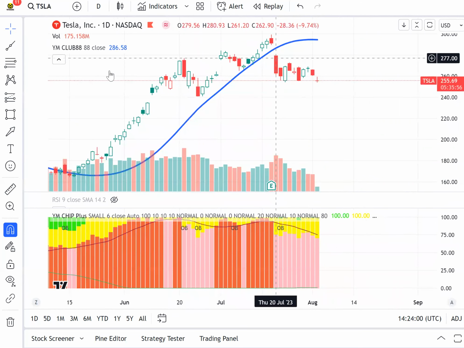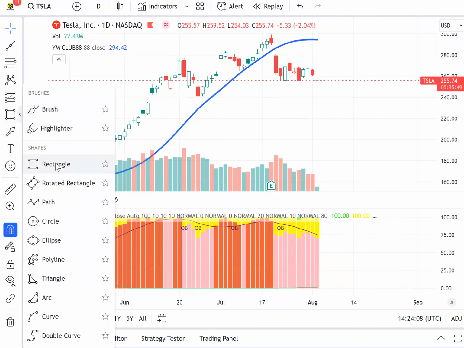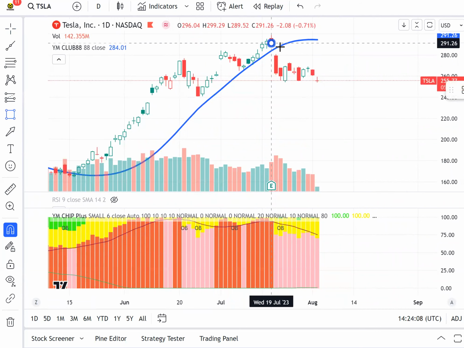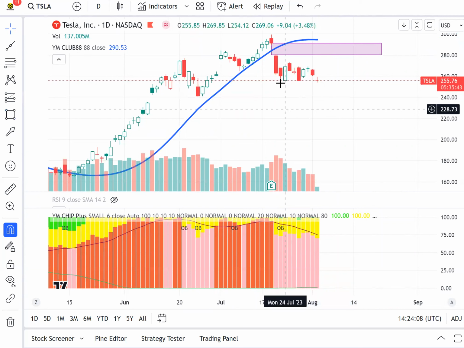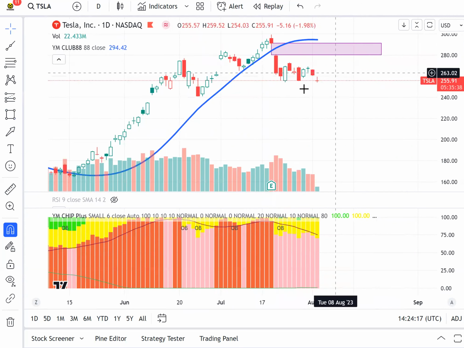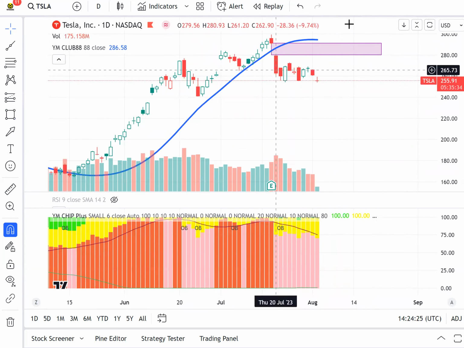But also look at this gap. This gap would serve as a resistance, so you will battle to get up above this zone. It will take some time for it to get back to this zone.